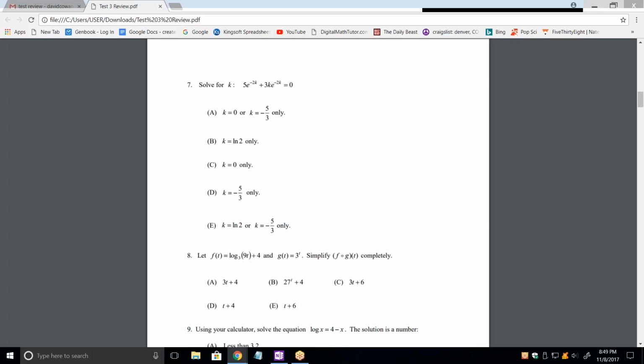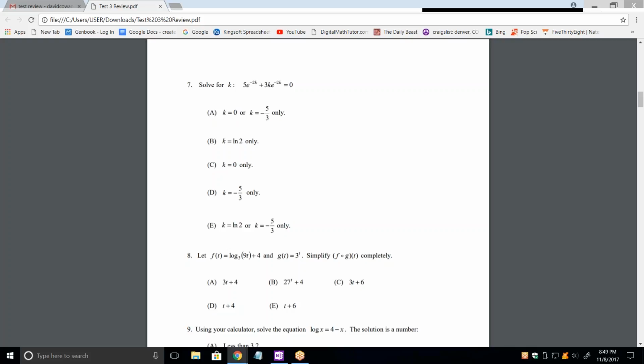First thing we should notice on this problem is that k is in the exponent. And we're trying to solve for k. When you have an exponential equation, you have to use logs. So I'm going to have to use logs. And I'd like to take the logs of both sides, which means I'd like to move one of those to the other side.